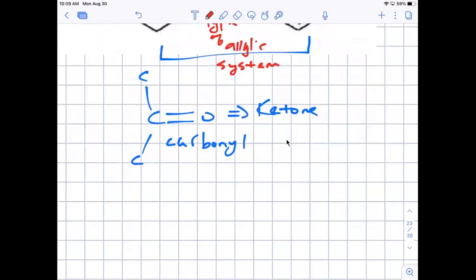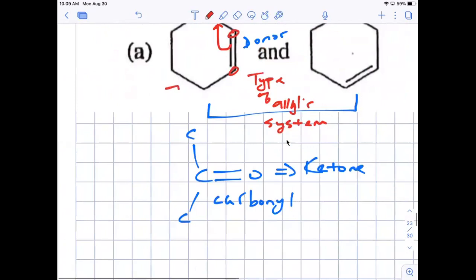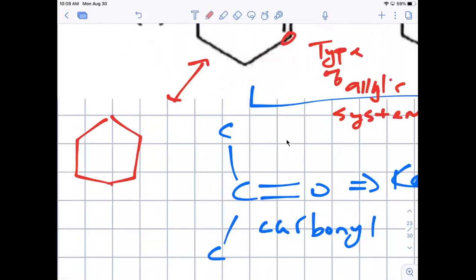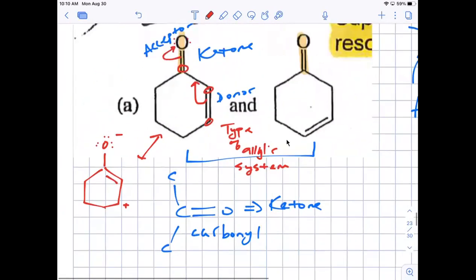I'll get this negative here, and then this carbon becomes positive. Can y'all see that? Anybody not see what I just did? Can you redo that? Which part? The arrows? Yes. Yeah, sure.